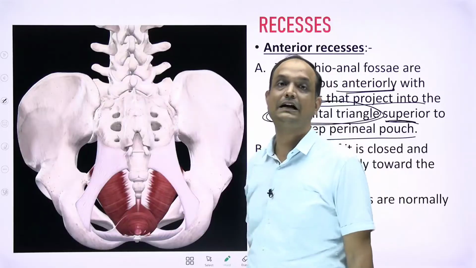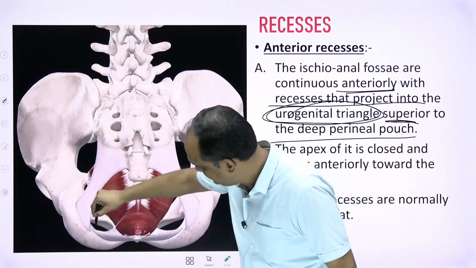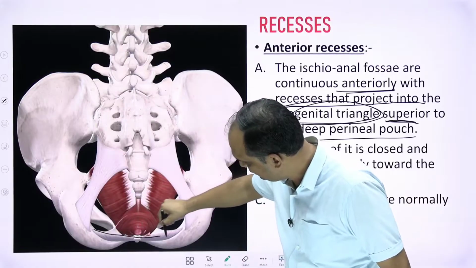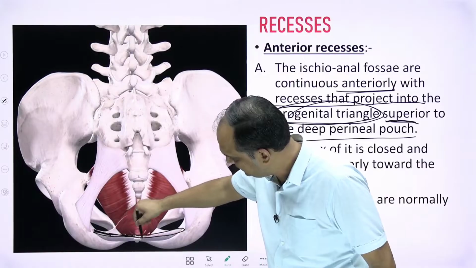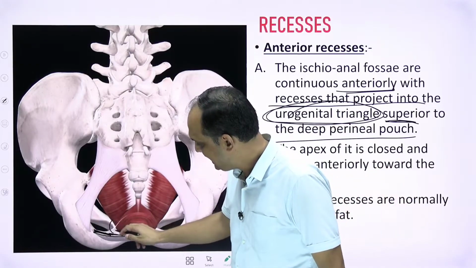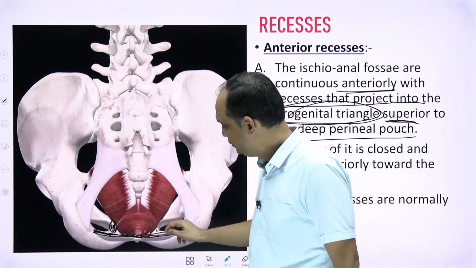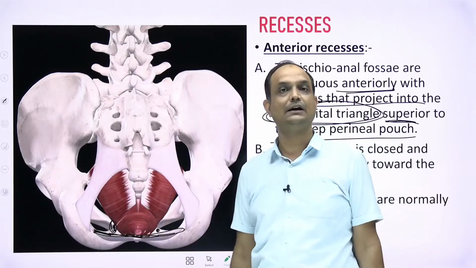Now, again, try to understand what the anterior recess is. When you see the posterior margin of this area, this is the posterior margin of your urogenital diaphragm. Here you can still see that there is a gap present anteriorly on both sides of this urogenital triangle.